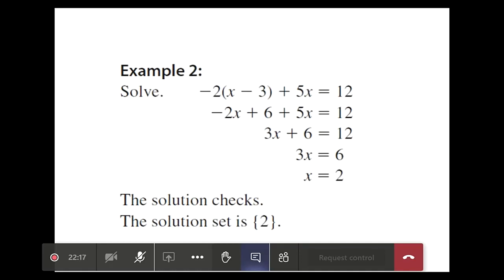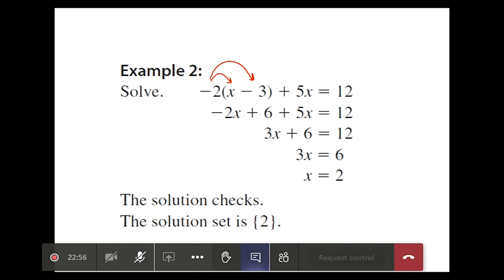Look at this linear equation. Why is this a linear equation? Because the power of x equals 1. I don't have x to the power half, or to the power 2, or to the power negative 2. We have x to the power 1. Firstly, we need to remove the brackets, so we multiply negative 2 by x and negative 2 by negative 3.